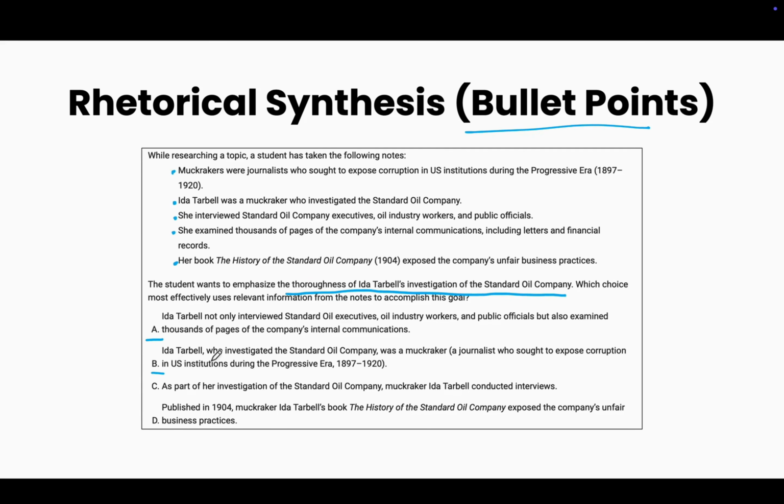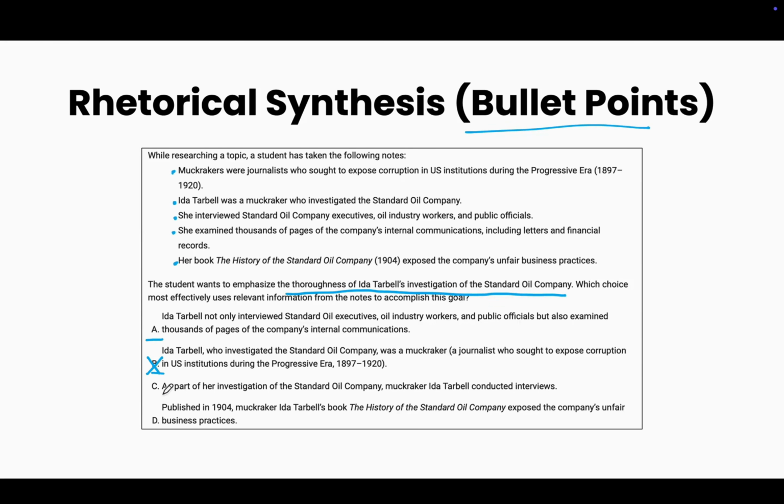Choice B: Ida Tarbell, who investigated Standard Oil Company, was a muckraker, a journalist who sought to expose corruption in U.S. institutions during the Progressive Era, 1897 to 1920. This just defines the word muckraker. It doesn't show how thorough she was. Choice C: As part of her investigation of Standard Oil Company, muckraker Ida Tarbell conducted interviews.